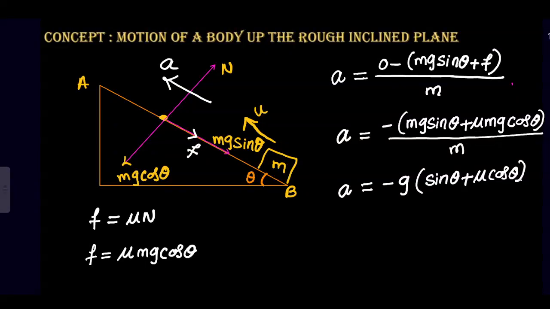Let us assume that the body reaches from B to A. When the body reaches point A, let us assume the final velocity of the body is 0.